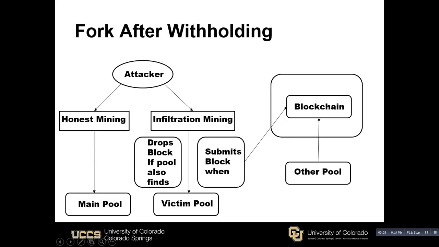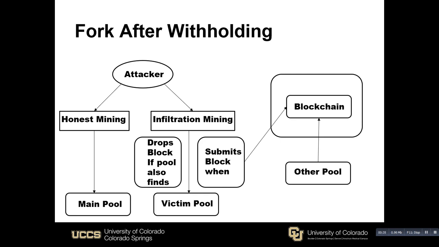So here in fork after withholding, the attacker also divides their mining power into honest mining and infiltration mining. That is the same process, but what is happening here is that whenever the attacker generates a block with infiltration mining, he doesn't drop that block immediately.